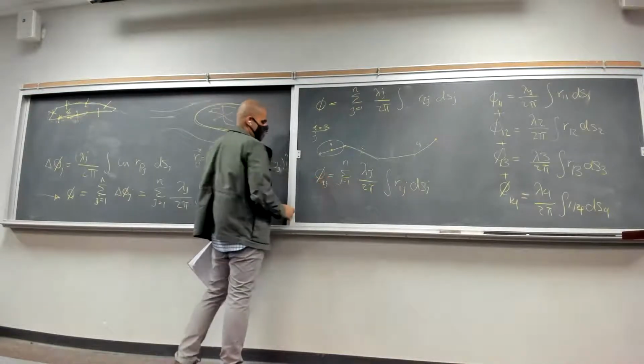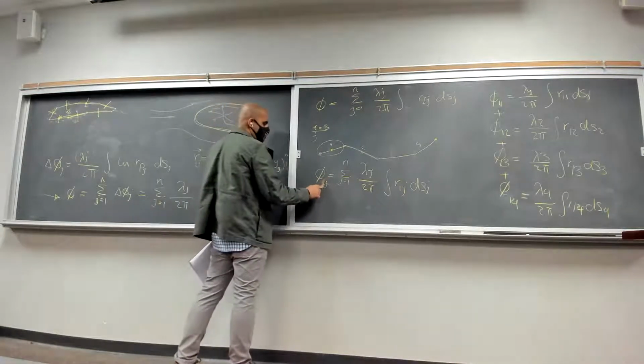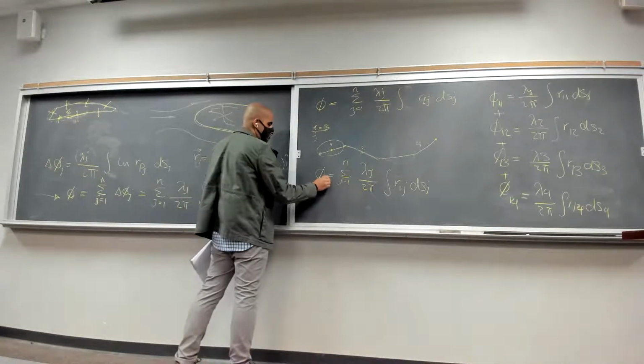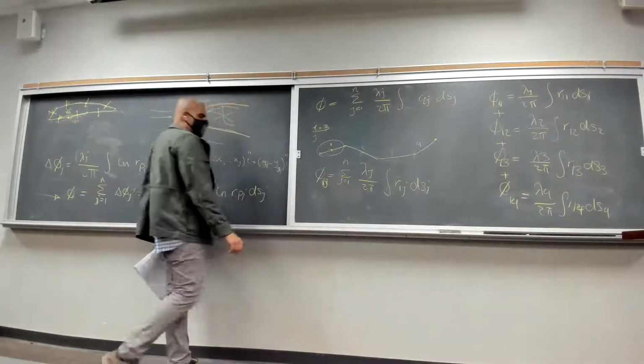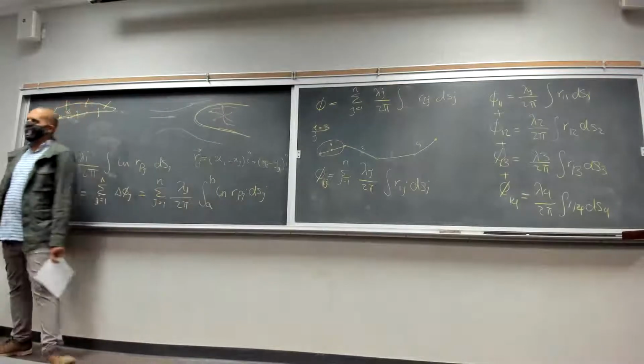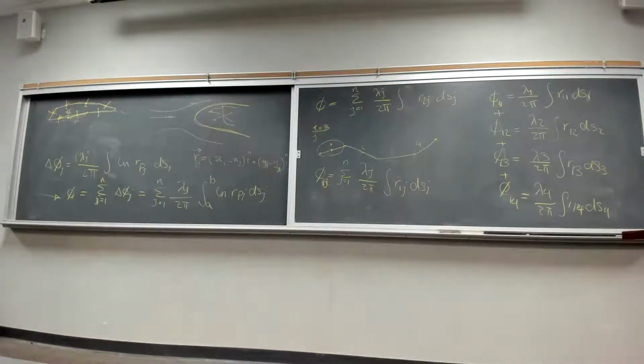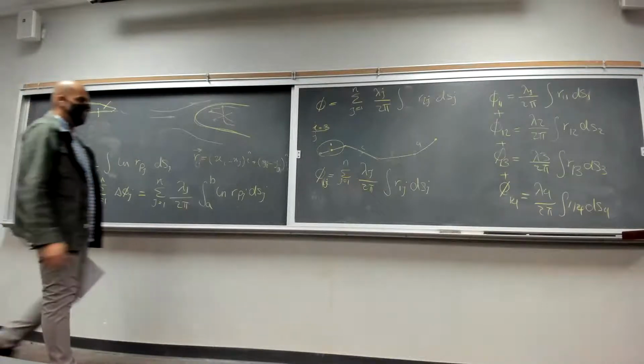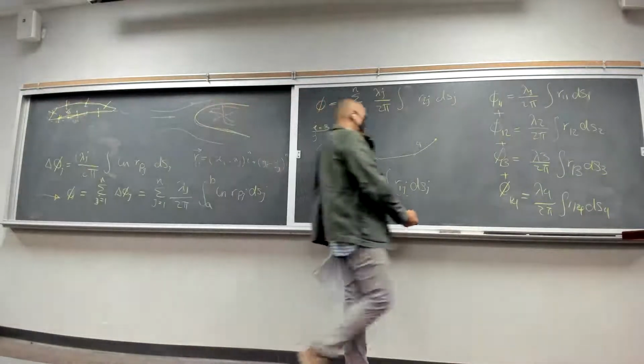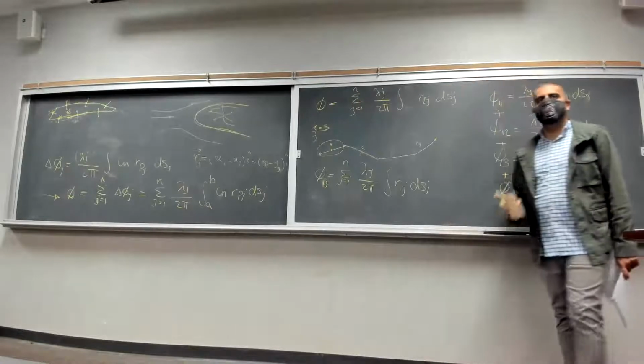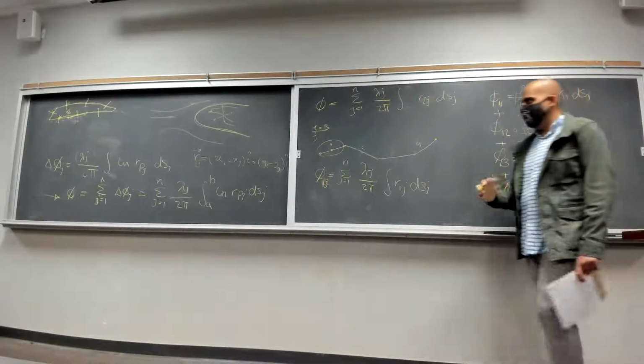We only did phi of 1j. We will talk about it, we'll get that. So just hold on to this phi of 1j: velocity induced by all of the panels on one point.